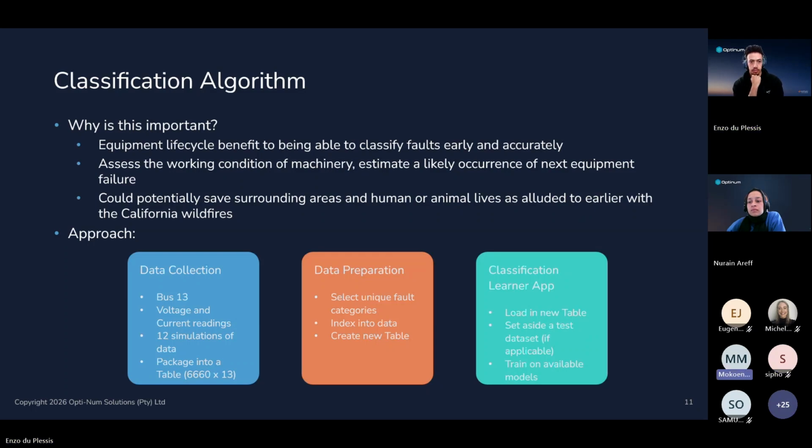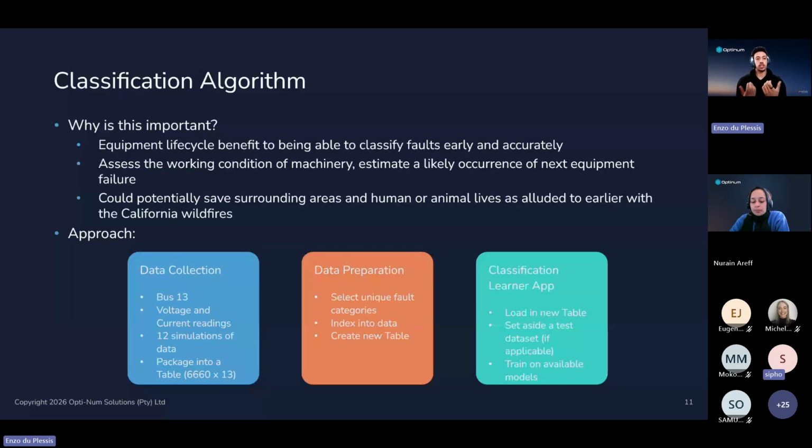Oh no, I meant the pre-processing and also the cleaning, like removing your outliers. Okay. In this case, we didn't do a lot of pre-processing or remove outliers. As Nureen mentioned in her section, when there is a fault, your current shoots up massively and your voltage drops.